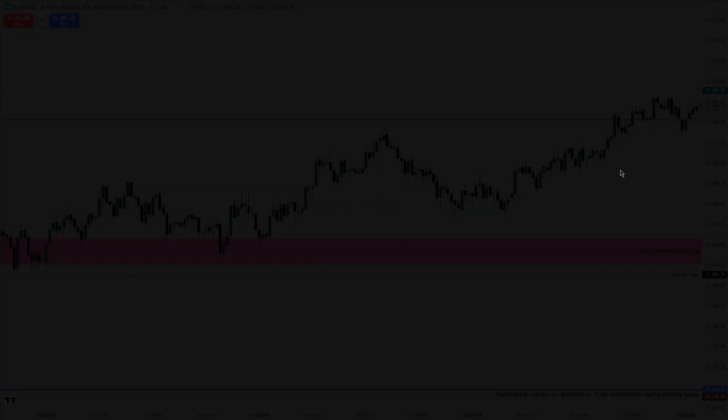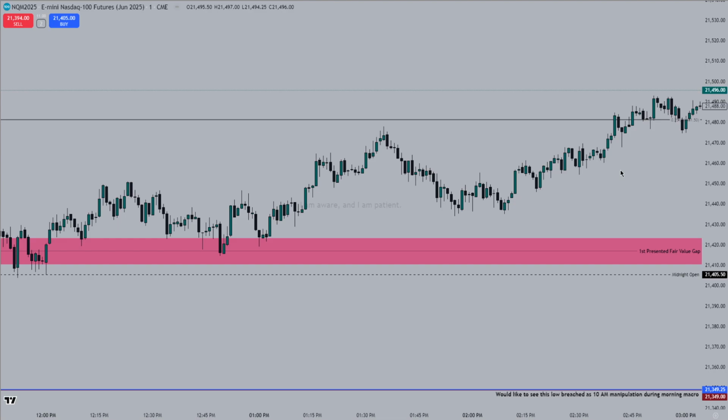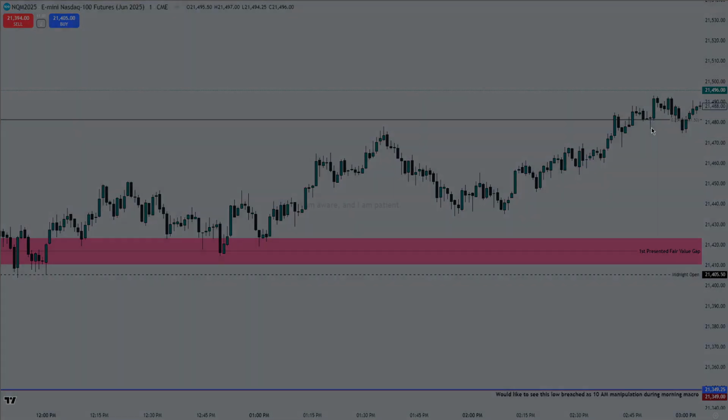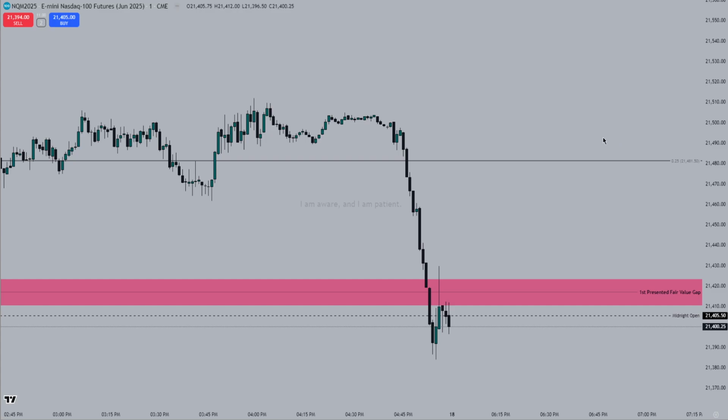Moving into the afternoon opening range, as you can see, there's nothing really worth mentioning. Looking at the afternoon opening range or at lunch, it's just a bunch of accumulation up until where we got above the 0.25 level of the weekly CB.